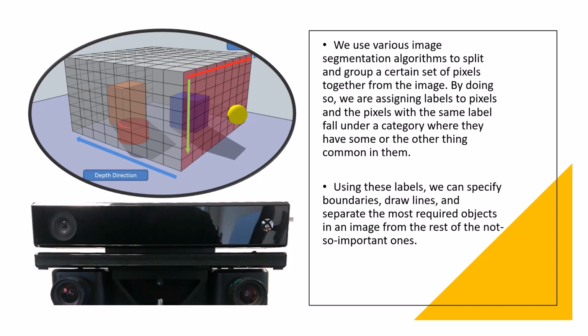By doing so, we are assigning labels to pixels, and pixels with the same label fall under a category where they have the same or some other thing in common with the pixels that surround them. We are able to separate the most required objects in an image from the rest of the not so important ones to create the image.